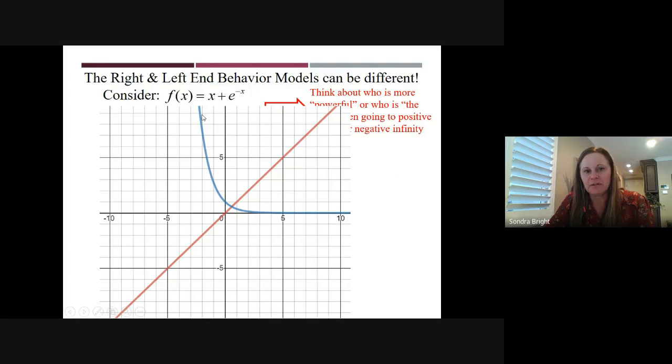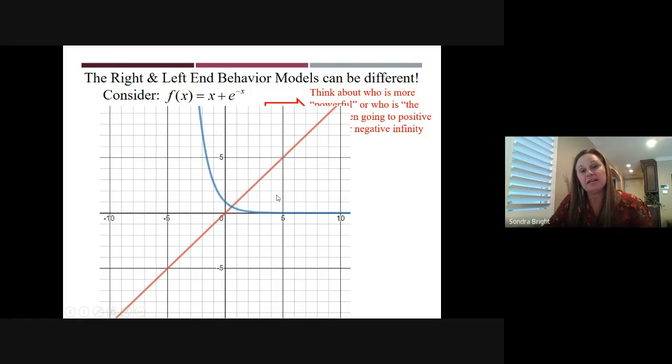But here's the deal. E to the negative x, when x is 5, you've got e to the negative fifth power. That's 1 over e to the fifth. It's small, almost 0, right? So basically, when you're adding these two together, this red graph is way more powerful as you're going to the right, because you're basically adding an almost 0 to each of these values.